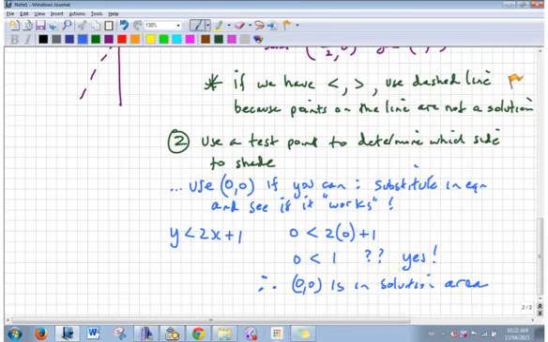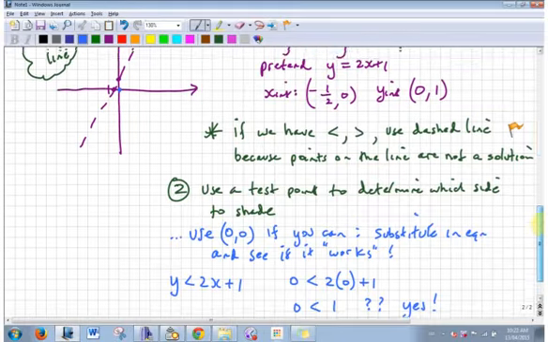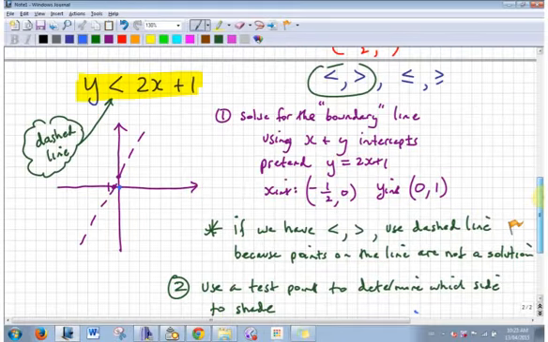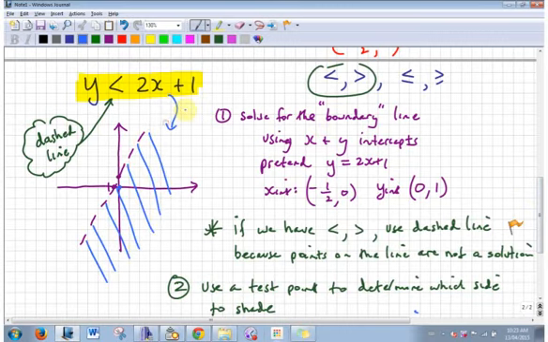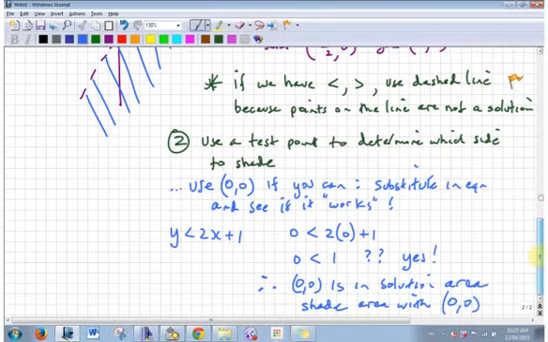So I'm going to shade the area with that point. Like that. That's the solution. That's the answer. Every single point on the right-hand side of this line satisfies that equation.